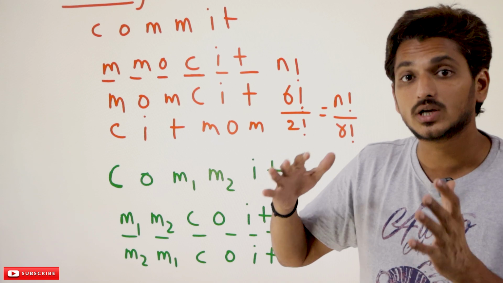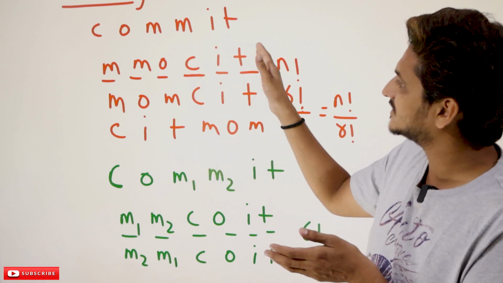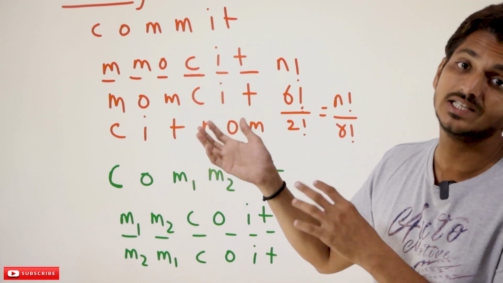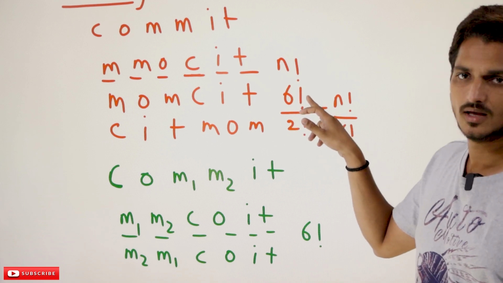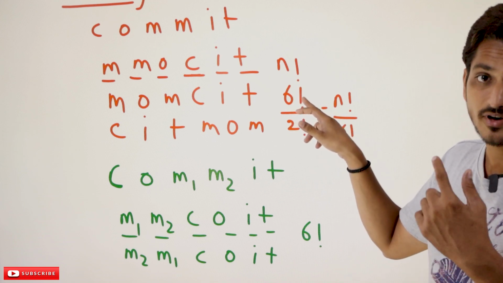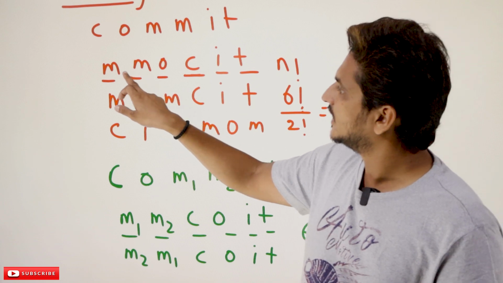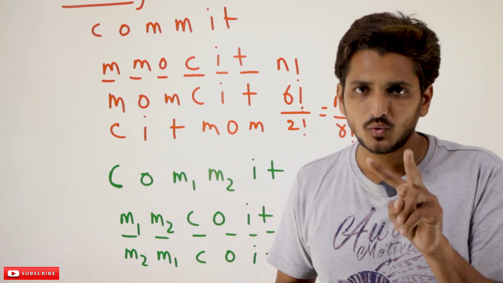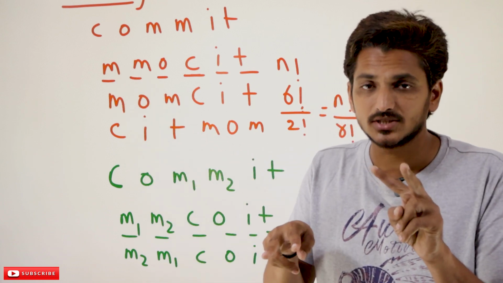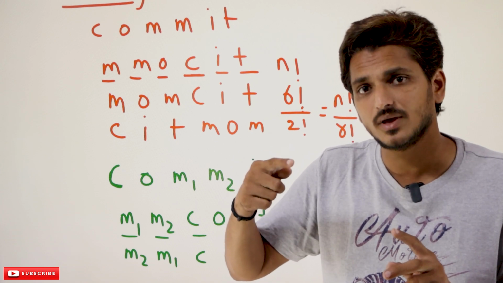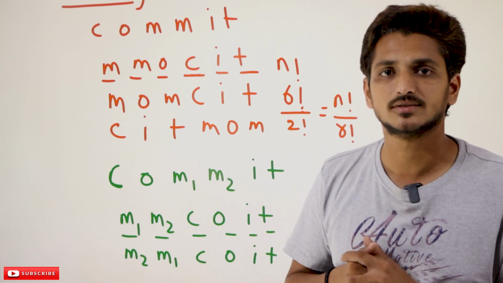In total, the 6 characters can be arranged in 6 positions in 6 factorial ways. But for each possibility, see here, the 2 M's are placed in 2 positions, and in how many ways can you place them? In 2 factorial ways.